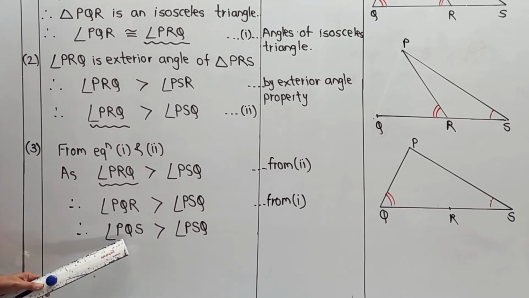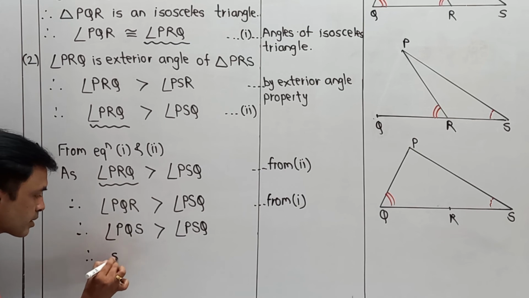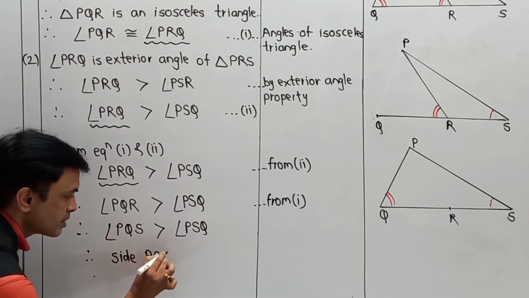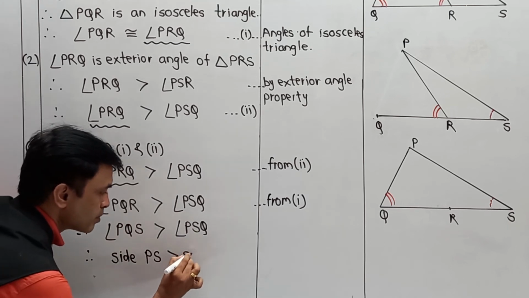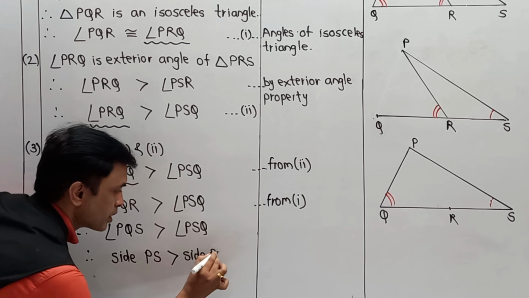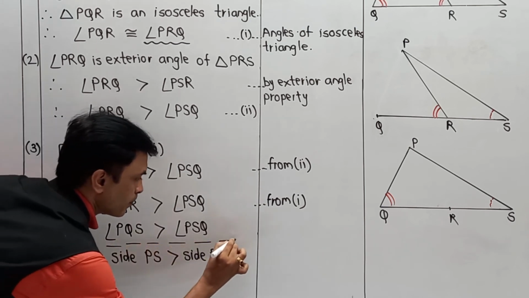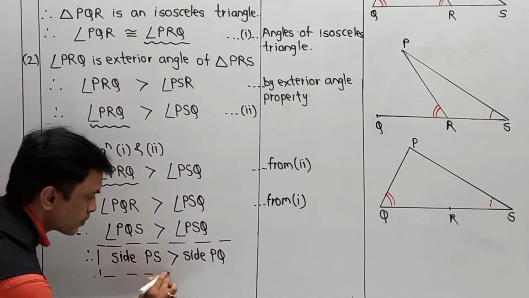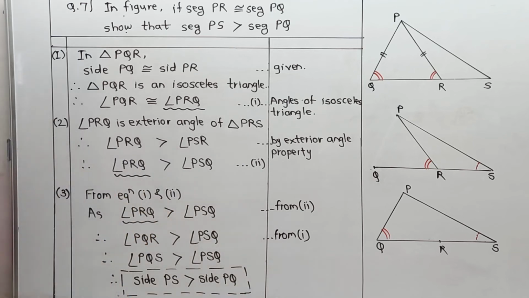Naturally opposite to PQS, side PS is greater than side PQ, and this is the part that we want to prove. And in this way you can complete your part of proof.